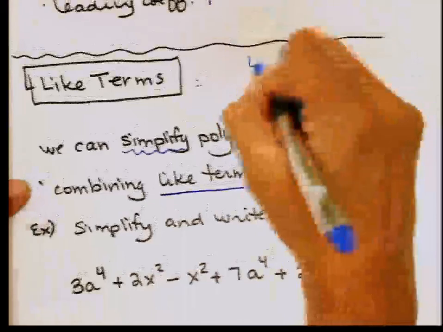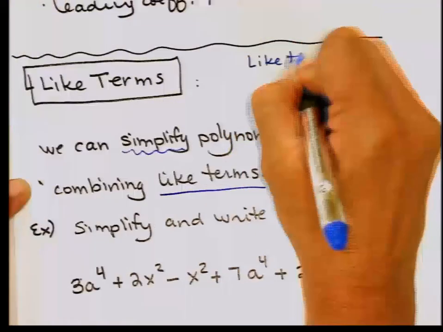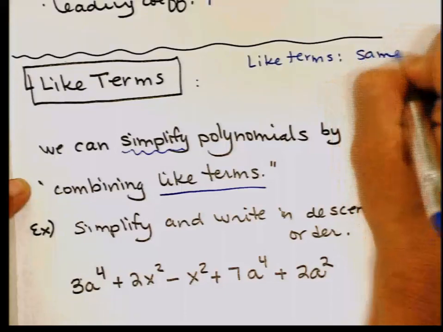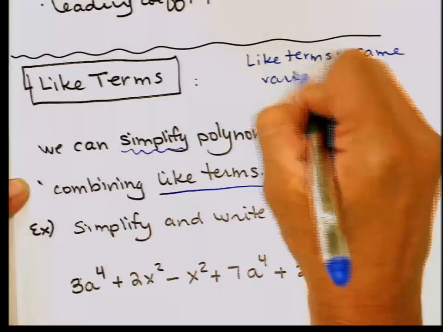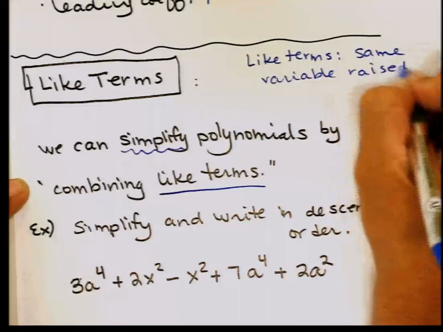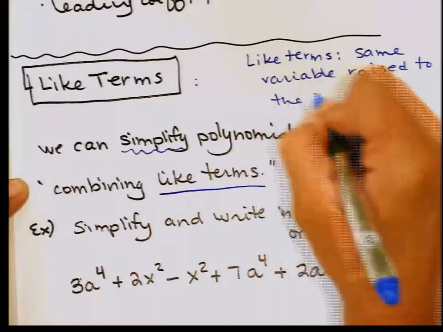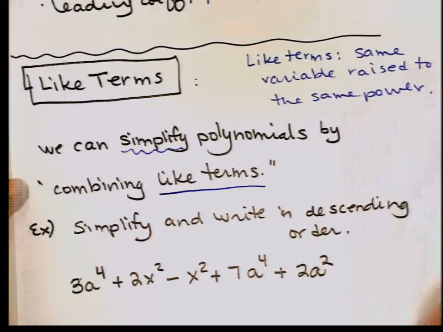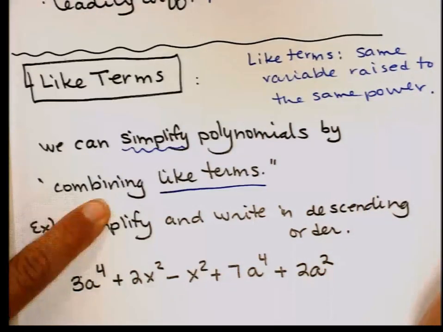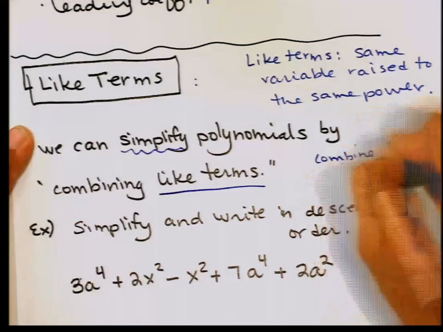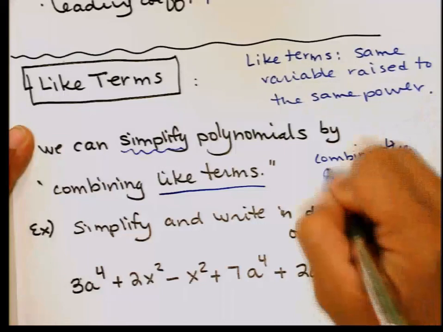Like terms have the same variable raised to the same power. And what we do when we combine them is we combine the coefficients.